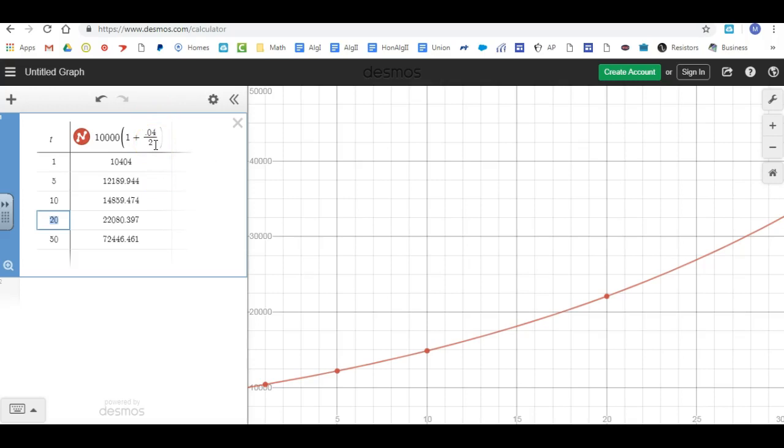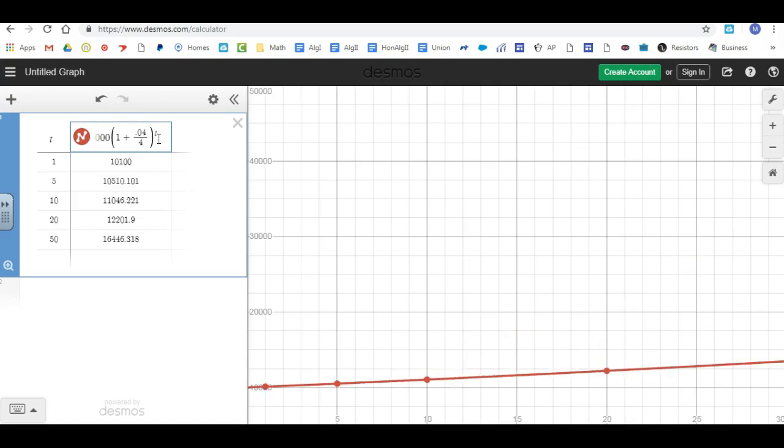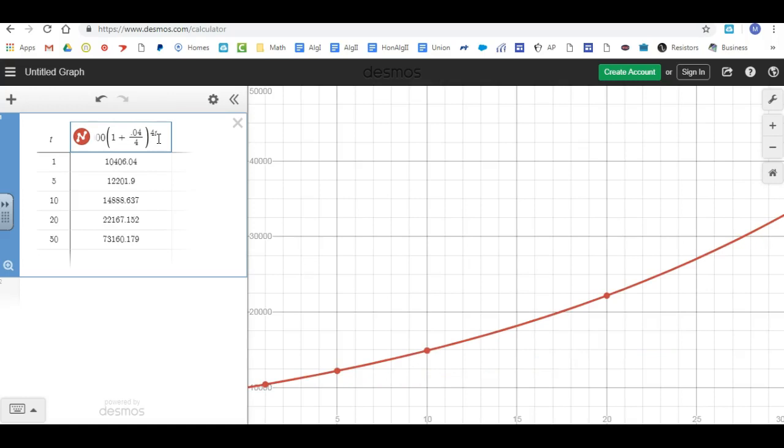These are the values for semi-annual. Now what we're going to see is the more times you add interest per year, the higher that balance is going to reach. I'm going to click here where it says 2, and to make it quarterly, I'm going to switch this value to 4, and then go up to my exponent and switch that 2 to a 4 as well. We can see those same points from the table, the 1, 5, 10, 20, and 50, but now these dollar amounts increase.